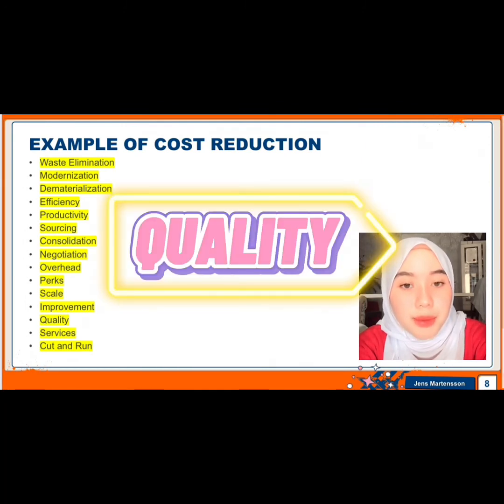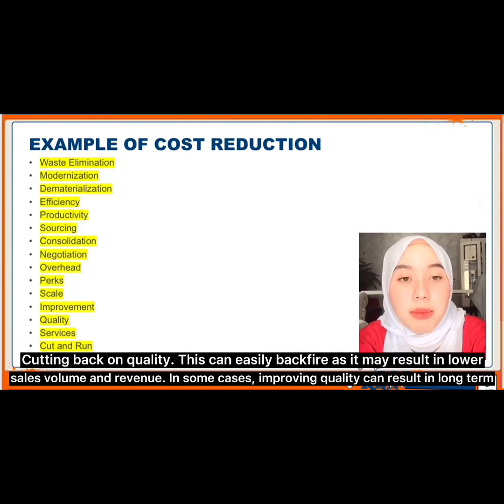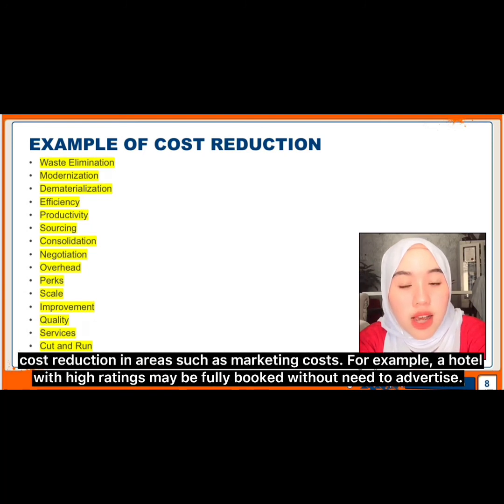For quality, cutting back on quality can easily backfire as it may result in lower sales value and revenue. In some cases, improving quality can result in long-term cost reduction in areas such as marketing costs.